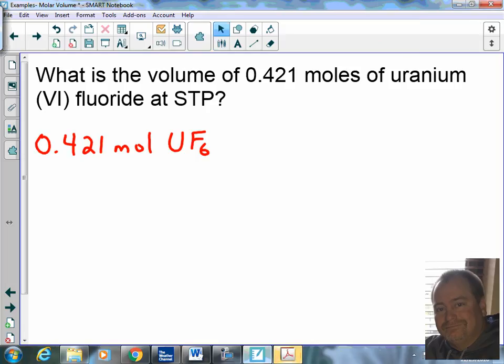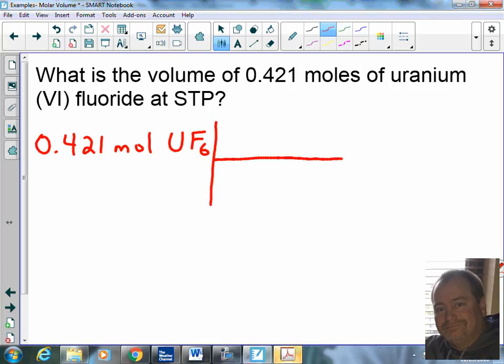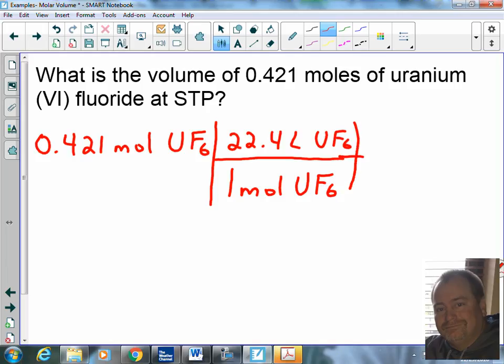I bring it back. I set up my conversion box. 22.4 liters of UF6 is equal to 1 mole of UF6. So now, I look and I get a cancellation of moles of UF6.